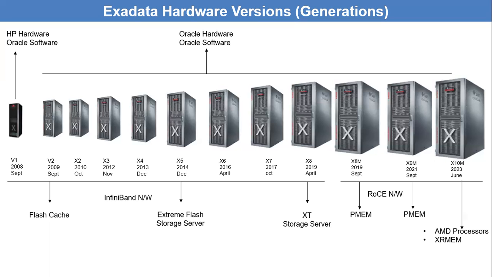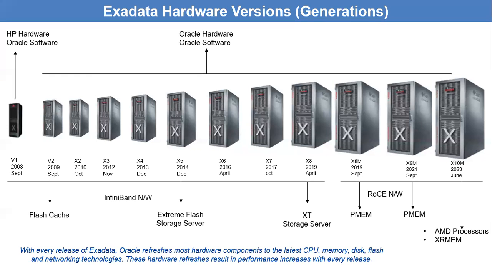So in every new version of Exadata, Oracle refreshes the hardware components to the latest CPU, memory, disk, flash, and the networking technologies. The aim is to give you the highest performance. These hardware refreshes result in performance increases with every release.